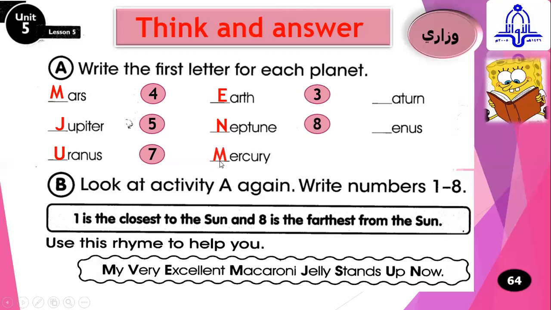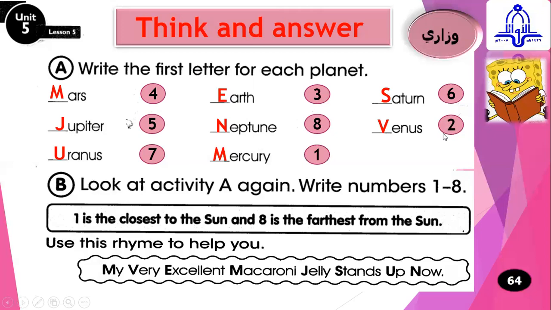Then we have Mercury. The missing letter is M capital. And its order is the 1st. يعني number 1. تسلسل رقم 1. We have Saturn, كوكب زحل, and its priority is 6. تسلسل رقم 6. And finally we have Venus. Venus capital, and its priority is the 2nd, or number 2.